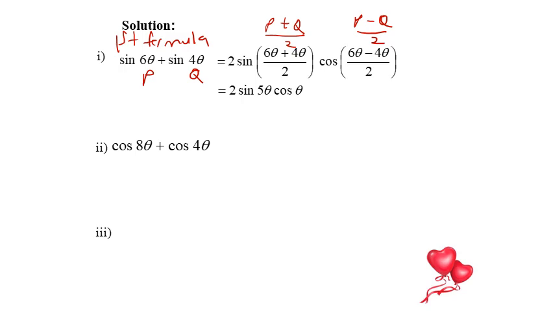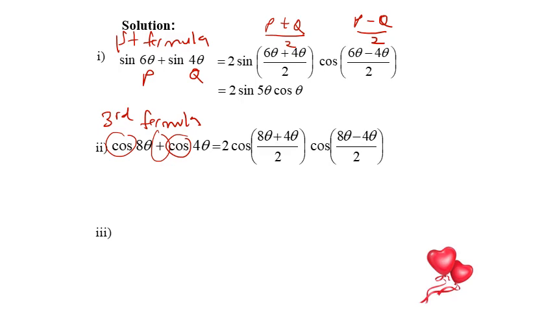So cos 8 theta plus cos 4 theta. So as you can see here, cos and also sine is a sum. So it's basically the third formula we will use. So the formula would be cos. Remember the difference between sin and cos.